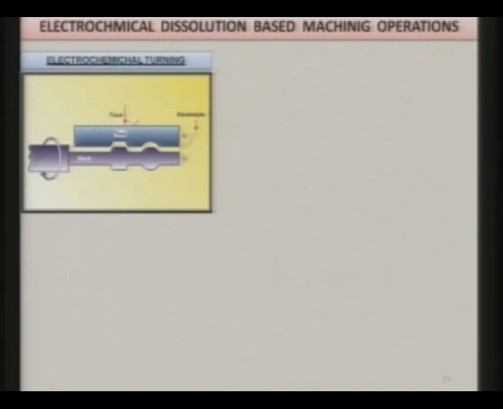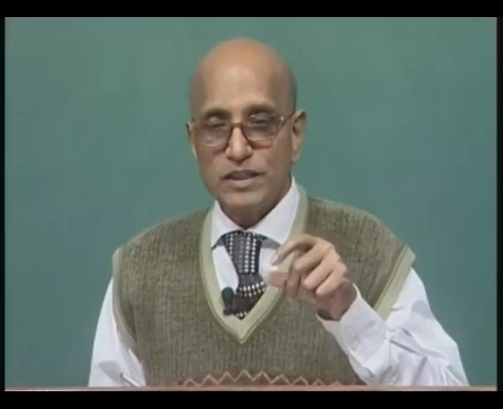Now, you can see when you are rotating this workpiece, and this is the tool, electrolyte is flowing between the tool and the workpiece. So, electrolysis is going to take place, electrochemical dissolution of the anode workpiece material is going to take place, and current density will be different in different regions initially because of the different inter-electrode gap.